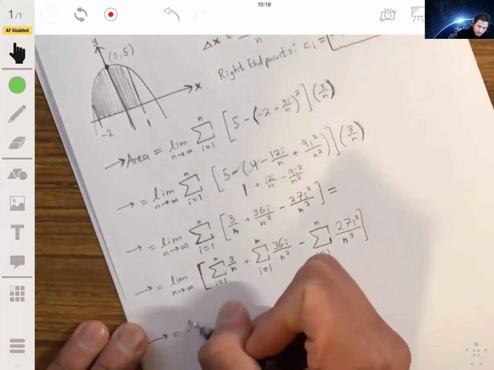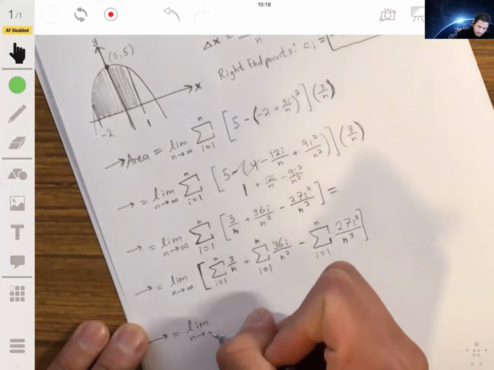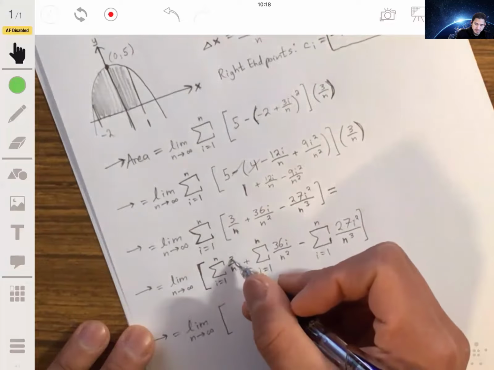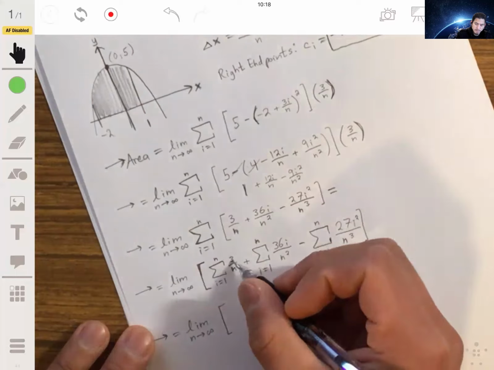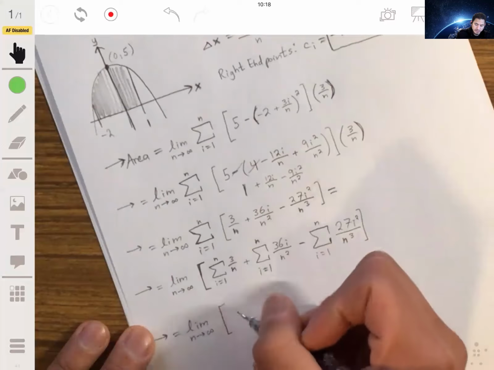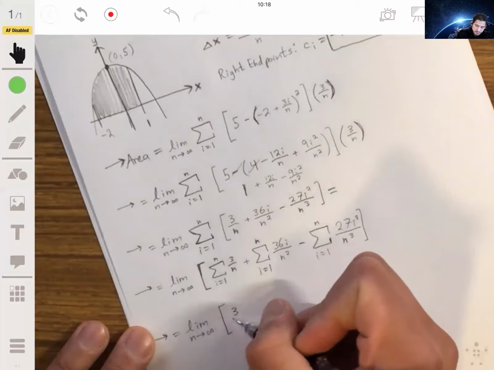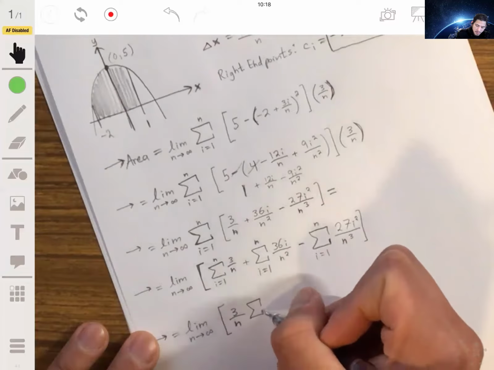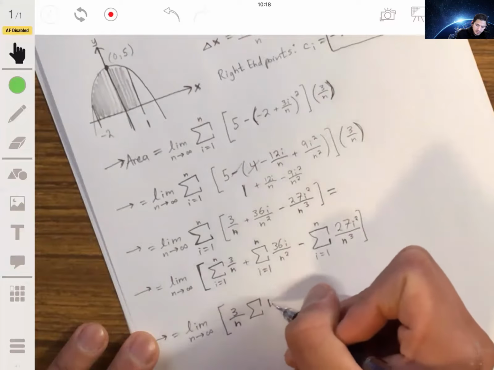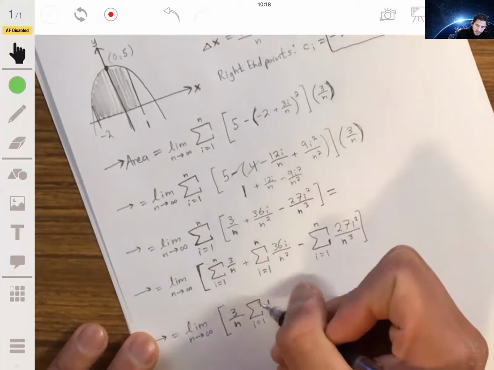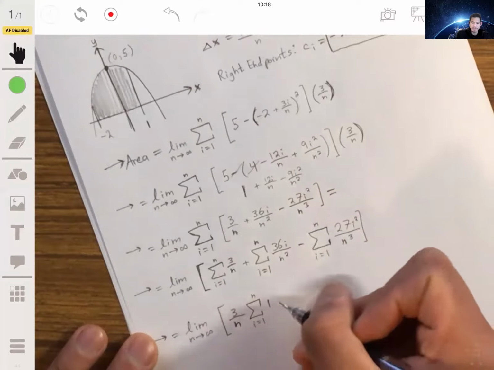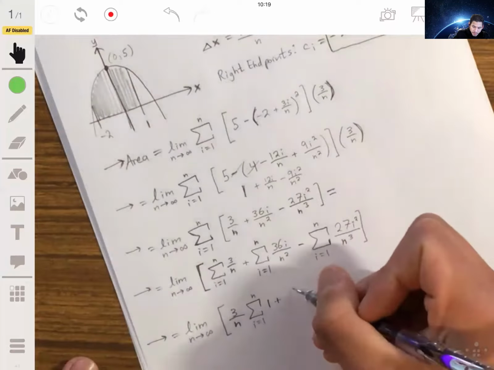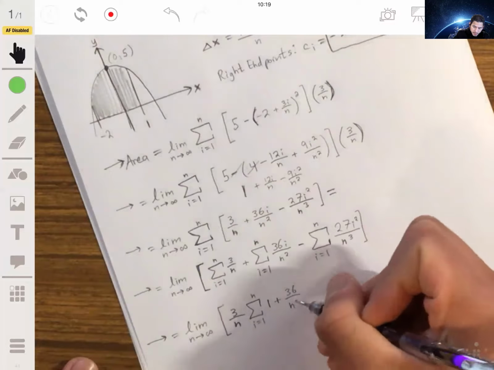So this will be equal to the limit as n goes to infinity. So this just basically takes care of itself. It's just 3 over n times the summation of 1. Now eventually, that will just be equal to n, and we'll do that in the next step. So plus 36 over n squared.